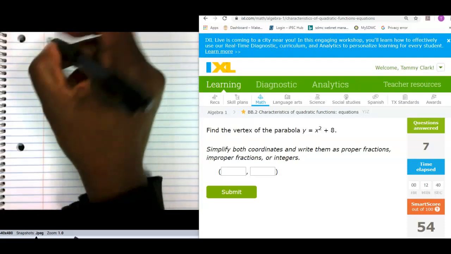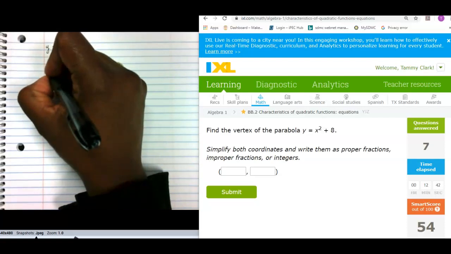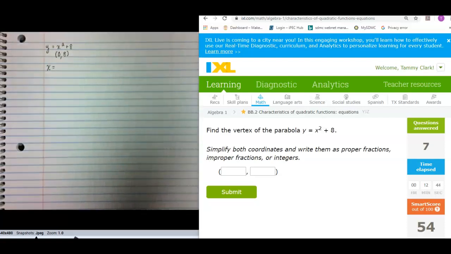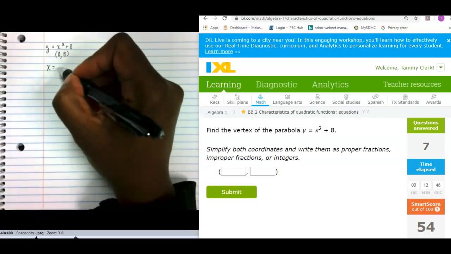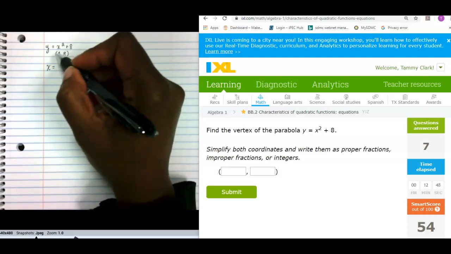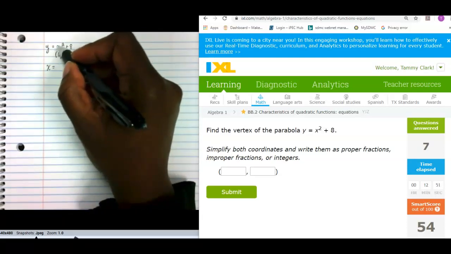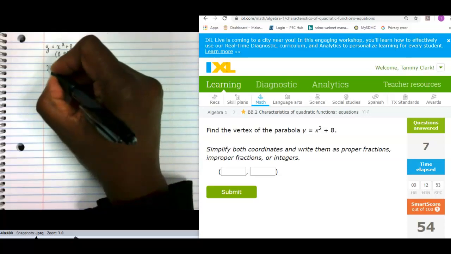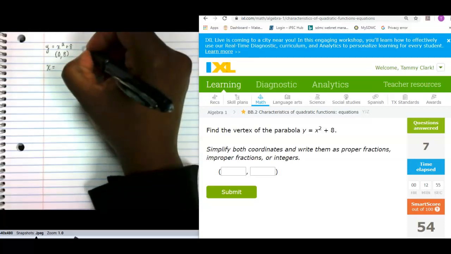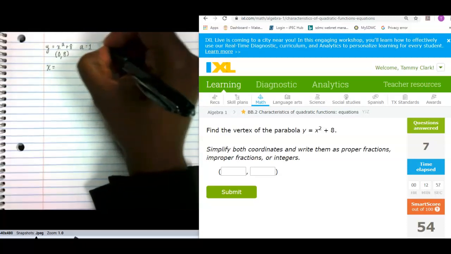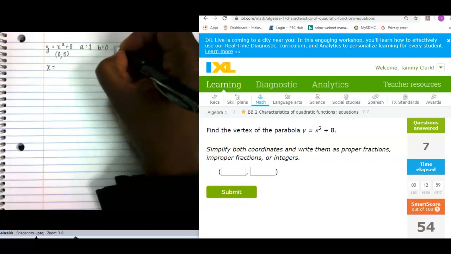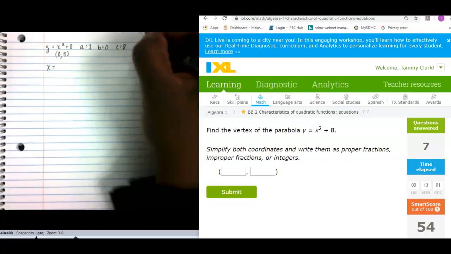Let's prove it. So we're going to use the axis of symmetry formula to find our x coordinate, and then we're going to use our x coordinate to substitute and find y. So I've got my a term, which is 1, b term, which is 0, and c term, which is 8.